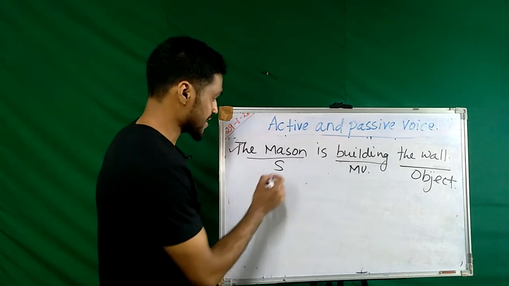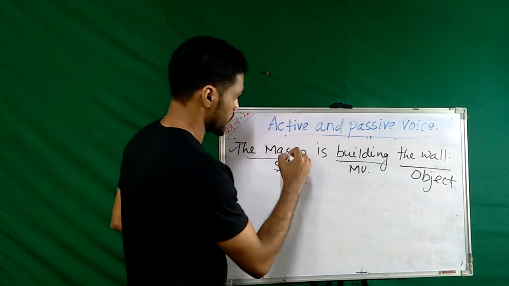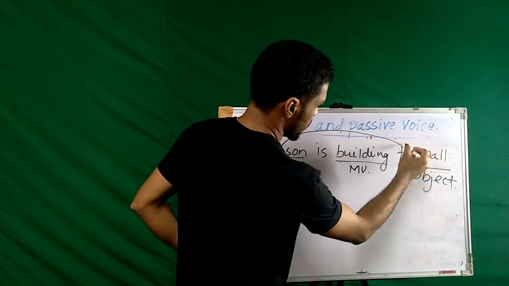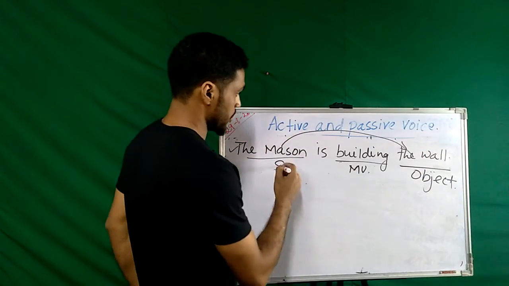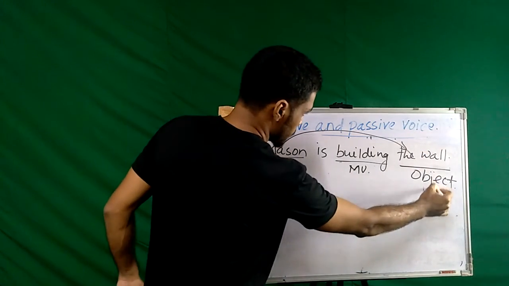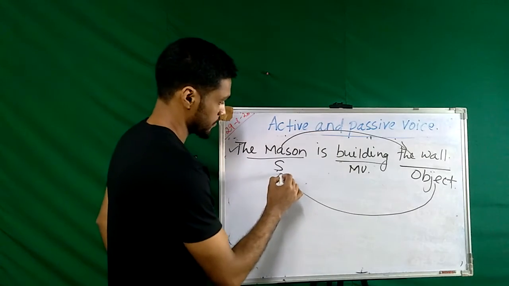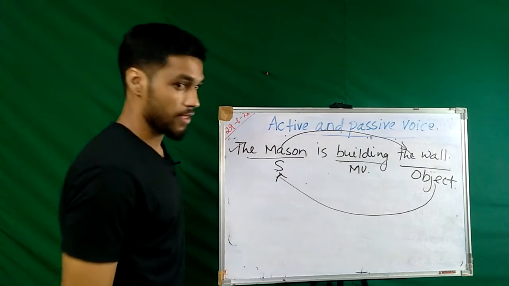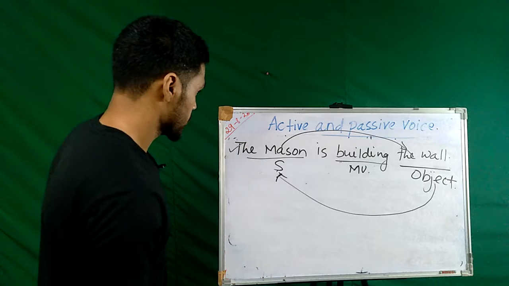We have to exchange the subject. We have to exchange the subject in the place of object, and we have to change the object in the place of subject, right? This is the second step.